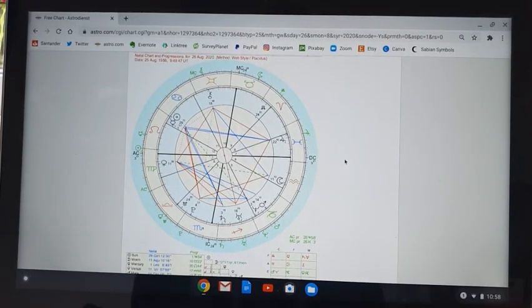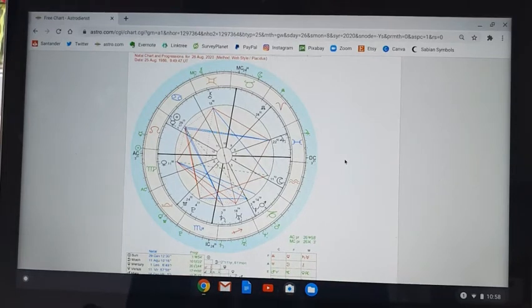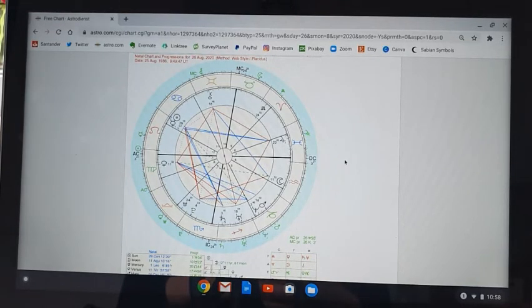By the time you're age 16, your progressed sun will have moved into a new sign, which is Virgo. And that particular event, when your progressed sun changes sign, is usually very pivotal and important, and certainly a highly felt moment in your life.